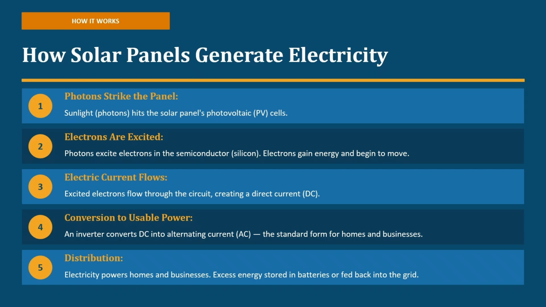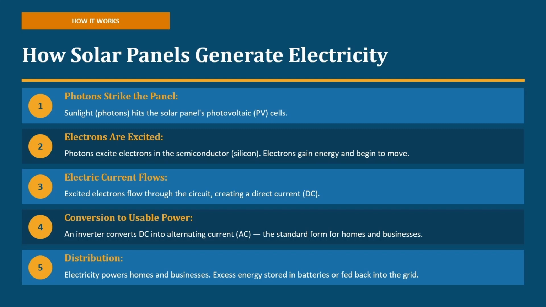So the solar panel is made up of what we call photovoltaic cells. These photovoltaic cells are made up of silicon. Silicon is a semiconductor. So when the sun rays hit this photo cell, the sun rays come in packets of energy, or they carry packets of energy, which we refer to as photons.